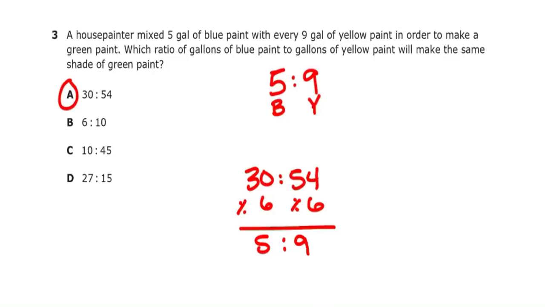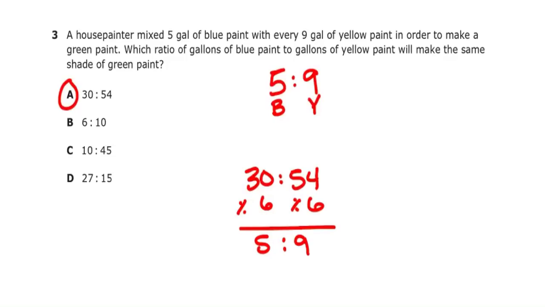It's just a matter of finding another ratio that is equivalent. I know for sure 30/54 is the correct answer because if I divide both of those by 6, I get the ratio of 5:9, which means they're equivalent. That's basically all you're doing in this problem, just finding equivalent ratios.